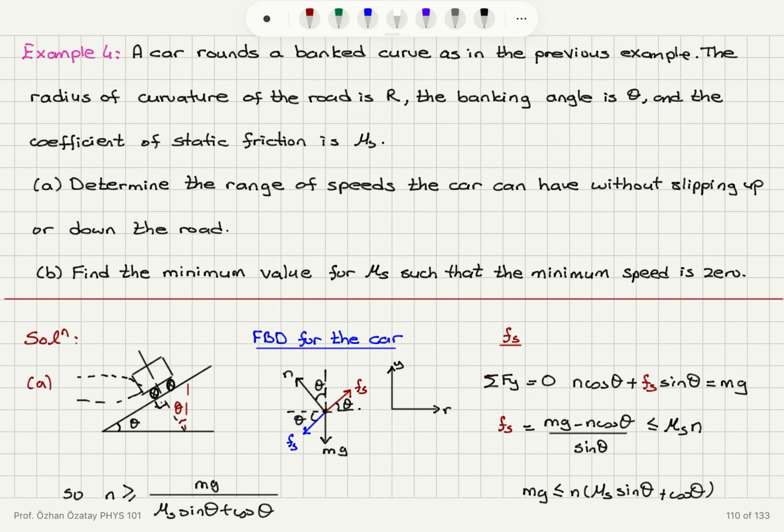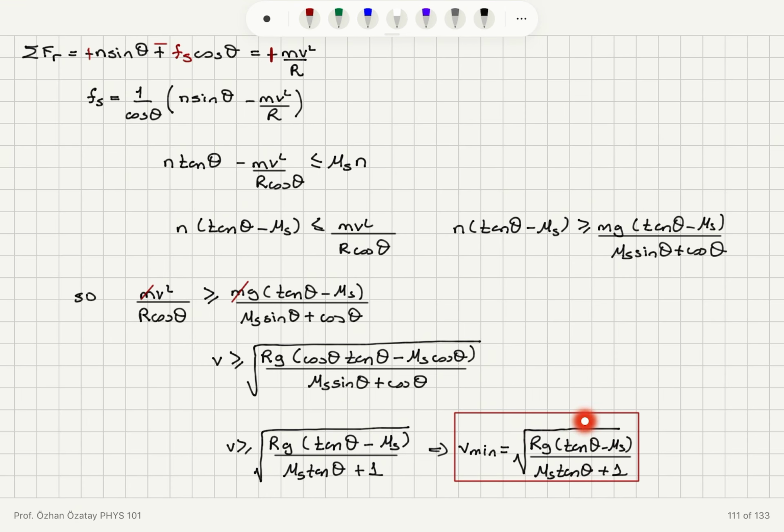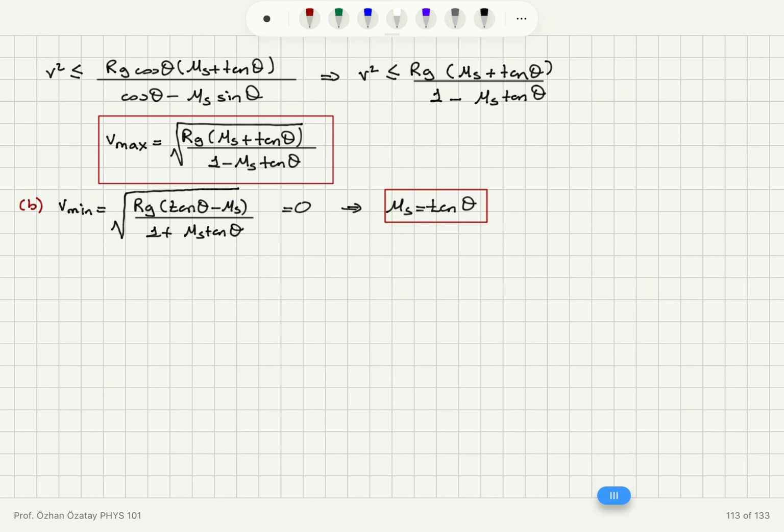And these two scenarios basically gave us a minimum possible speed and a maximum possible speed for the car, and setting minimum possible speed to 0, we find the requirement on the coefficient of static friction to be equal to tangent of the angle theta.